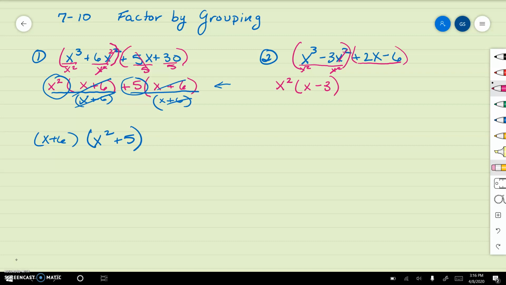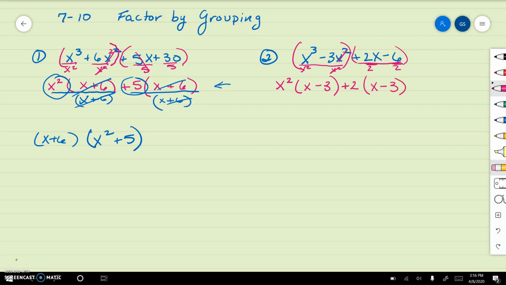Now we have to GCF the second set of parentheses. Can everybody see that 2 goes into 2 evenly and goes into negative 6 evenly? So we're going to pull out the positive 2. You have to write a plus 2 there. And then what's left over after I divide by 2 in each term is an x minus 3.